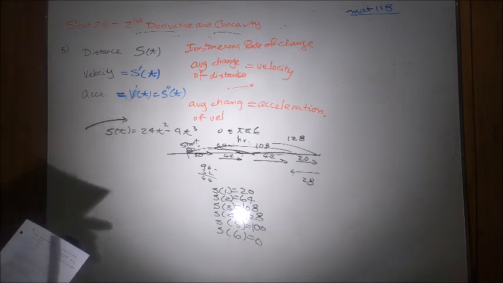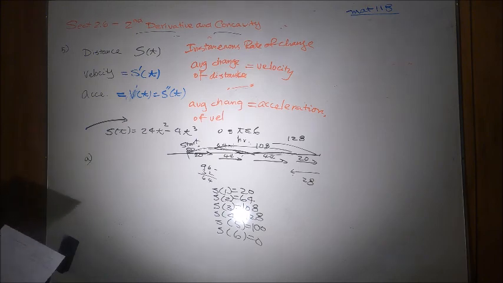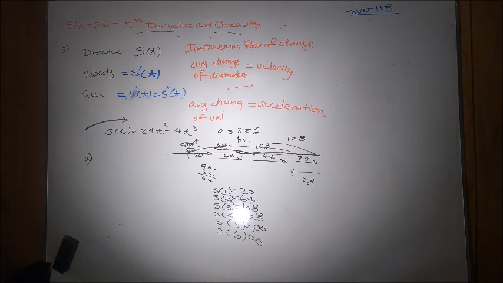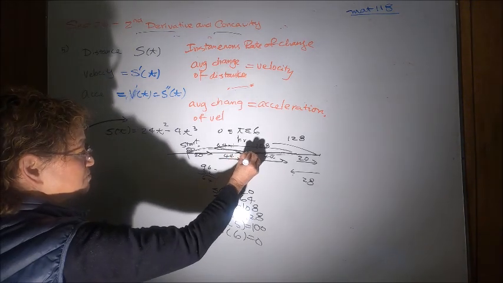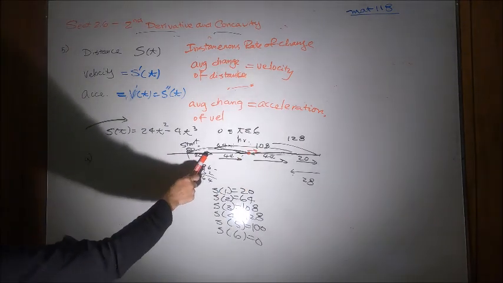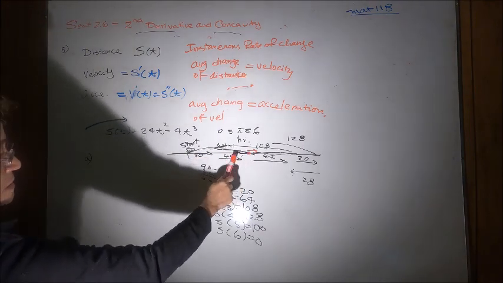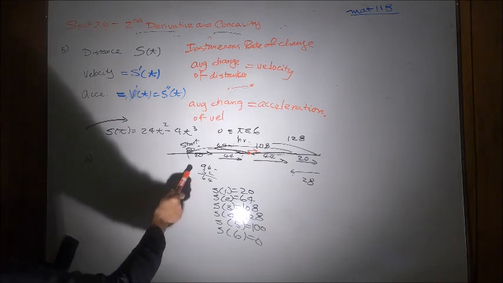Then let's take a look. The first question says, find the velocity of the truck after 2 hours. After 2 hours is at this point. What's the speed of the truck? You see, first you started, then you speed up because you increase your speed, right?